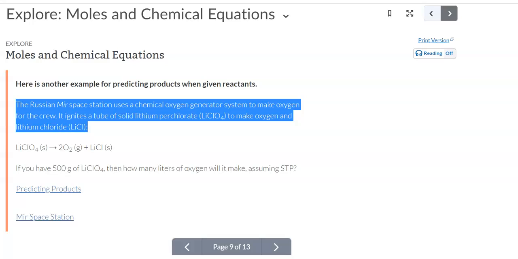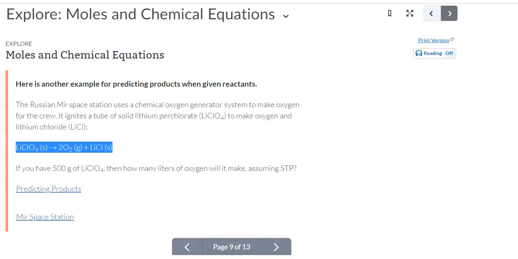It ignites a tube of solid lithium perchlorate, LiClO4, to make oxygen and lithium chloride. Here is the chemical reaction. 1 mole of solid lithium perchlorate reacts, or decomposes actually, to produce 2 moles of oxygen gas and a mole of solid lithium chloride, which is just a salt.